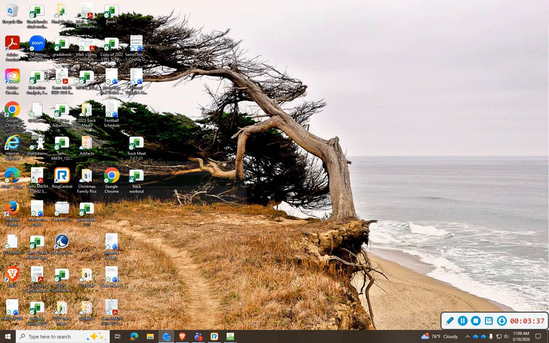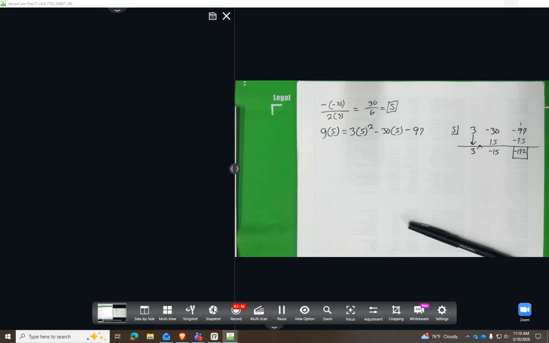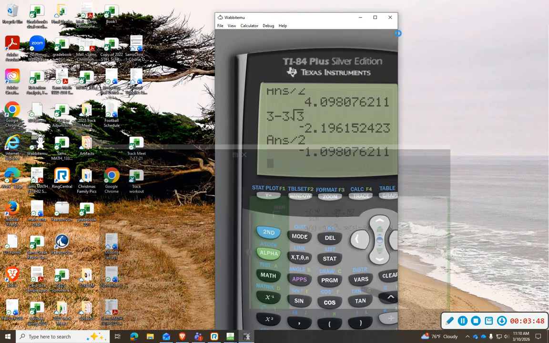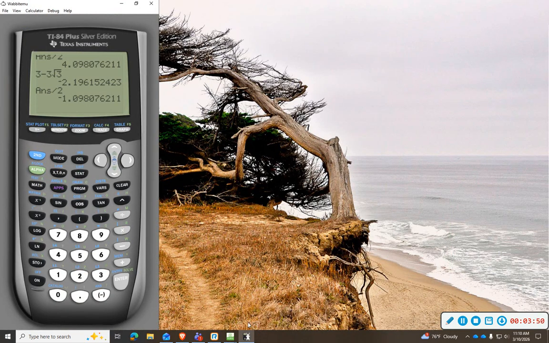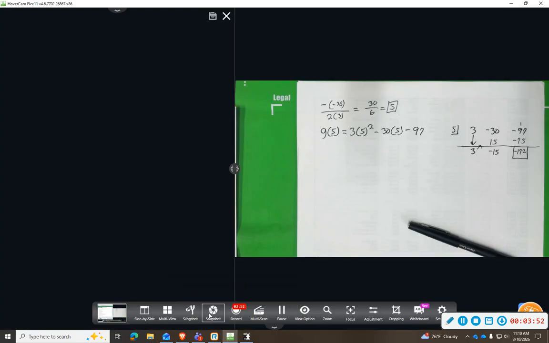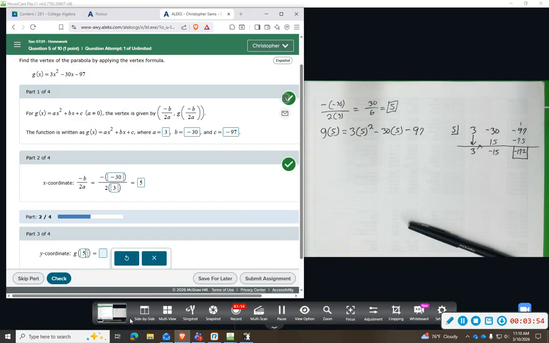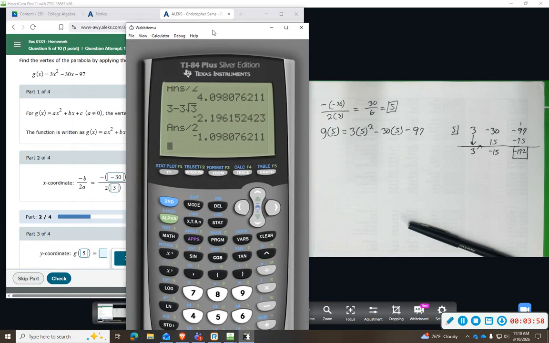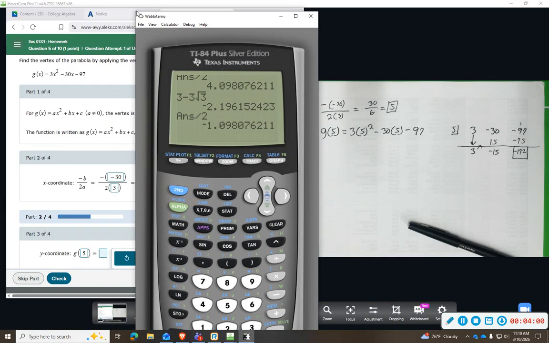Let me get my calculator. All right, there it is. I'm just going to let it do the G of 5 part.